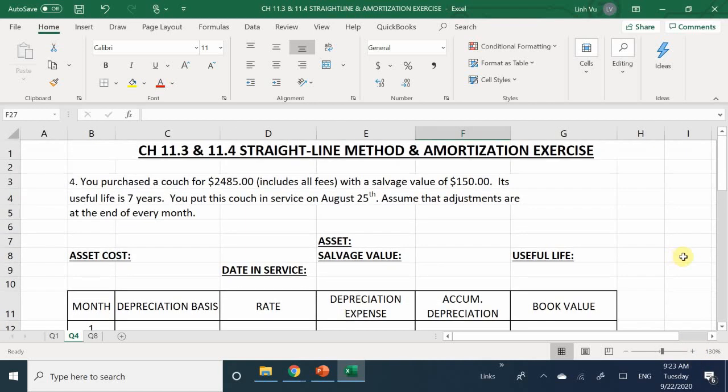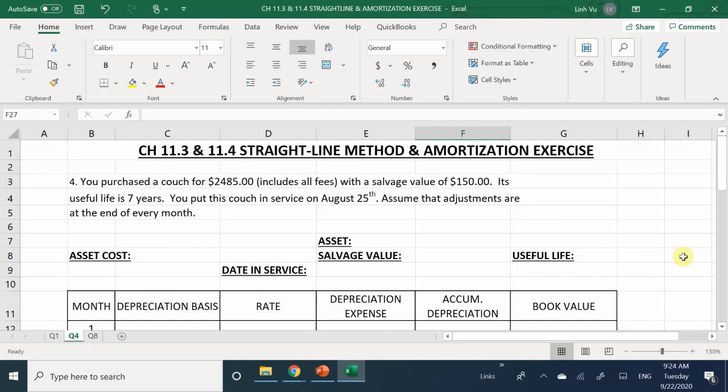So for example number 4, you purchase a couch for $2,485, which includes all fees, with a salvage value of $150. Its useful life is 7 years, and you put this couch into service on August 25th. Assume that the adjustments are made every month.